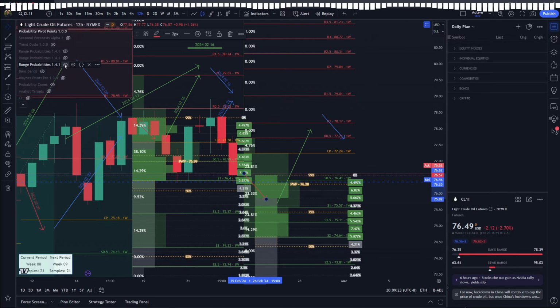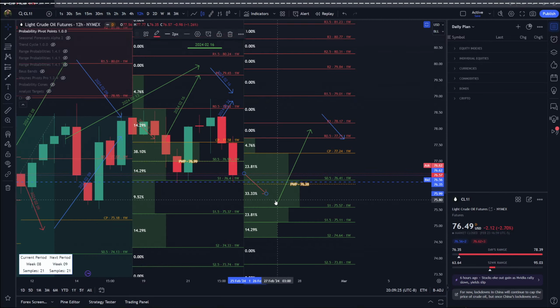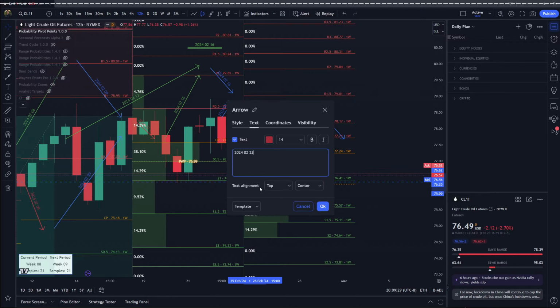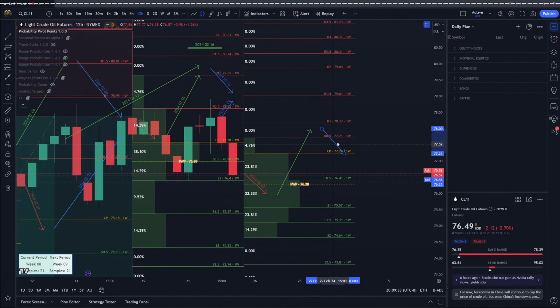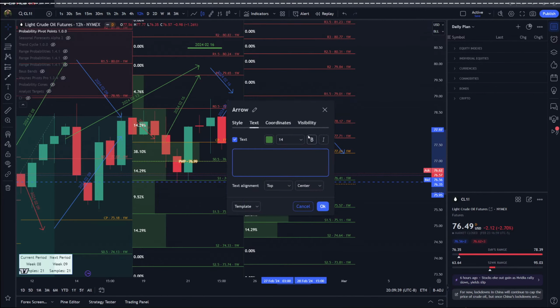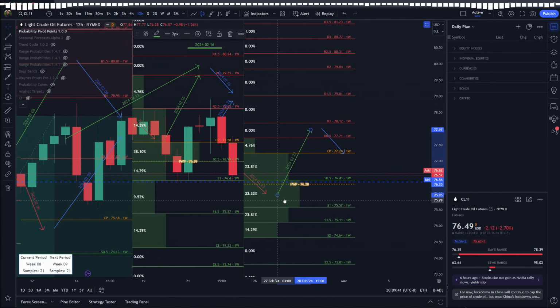Check out our low odds here. Yeah. Something along those lines. Similar view to NQ, actually. Very similar view to NQ. All right, let's look at our closing odds.